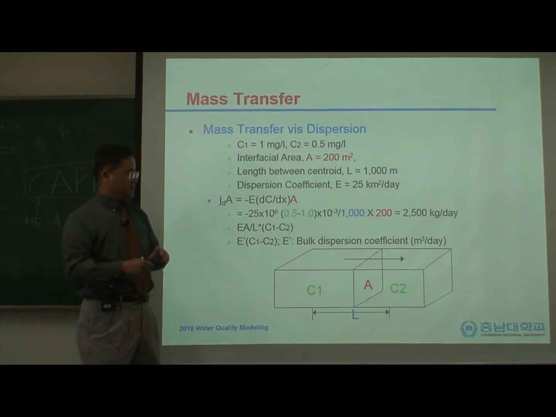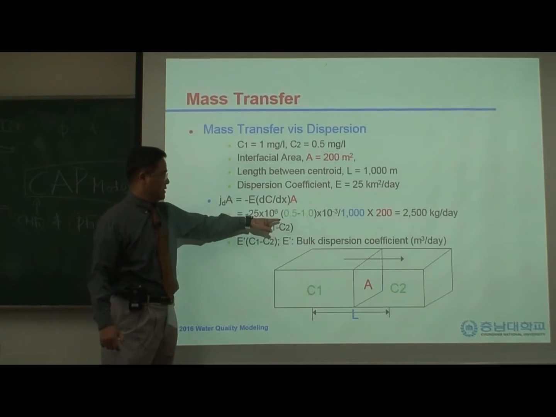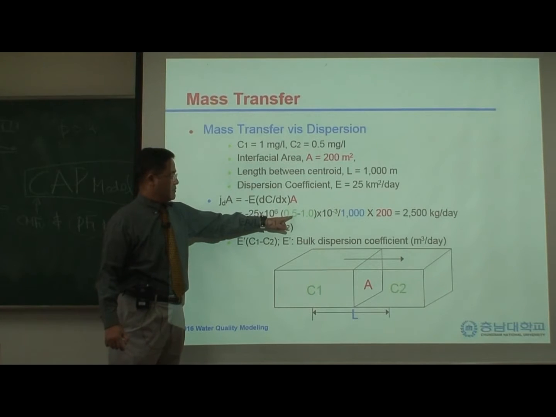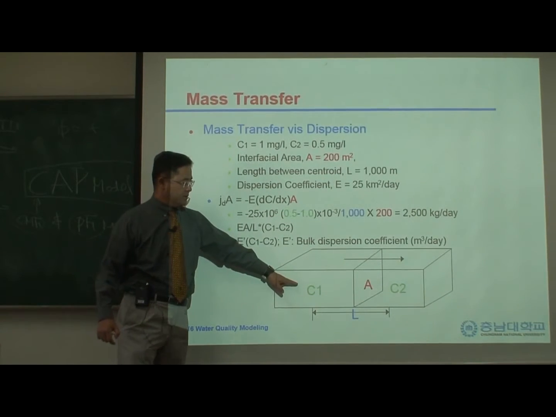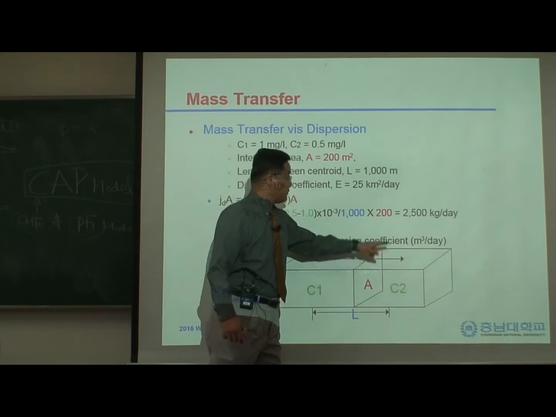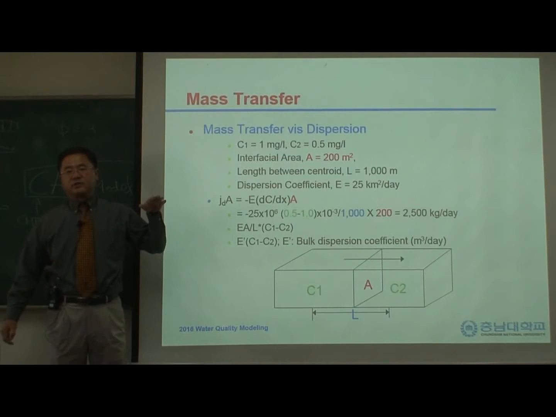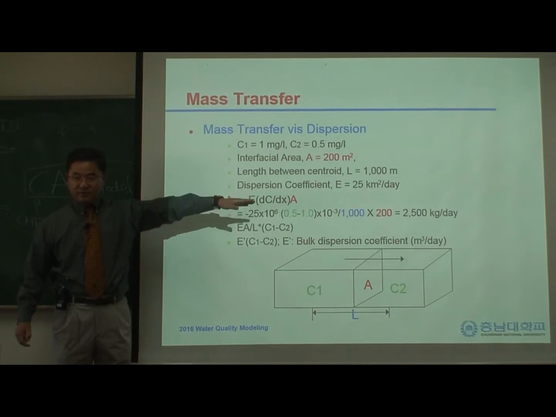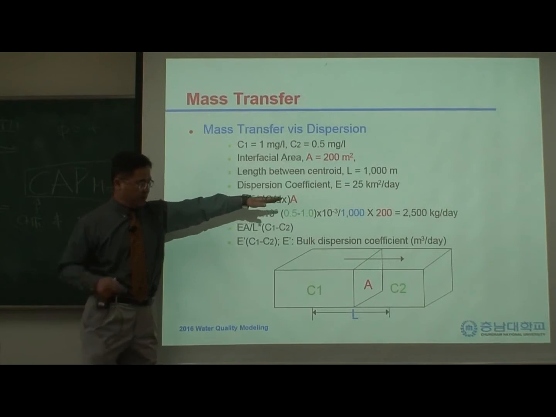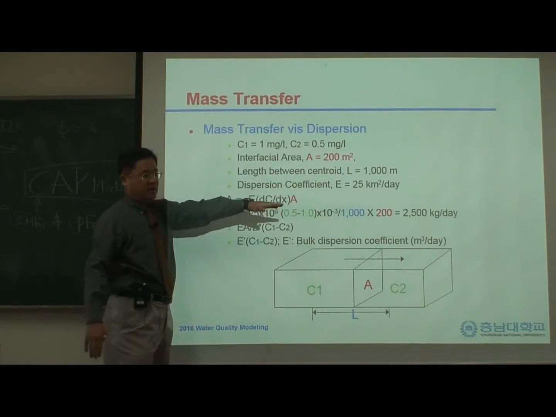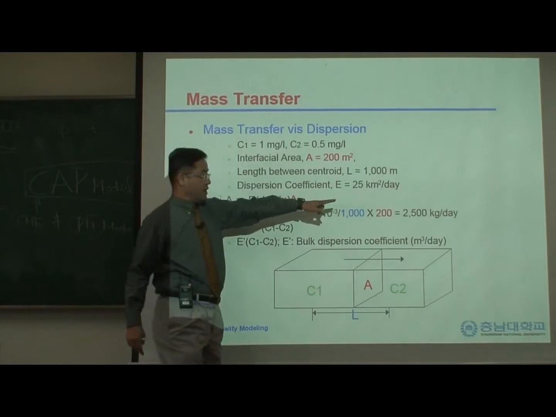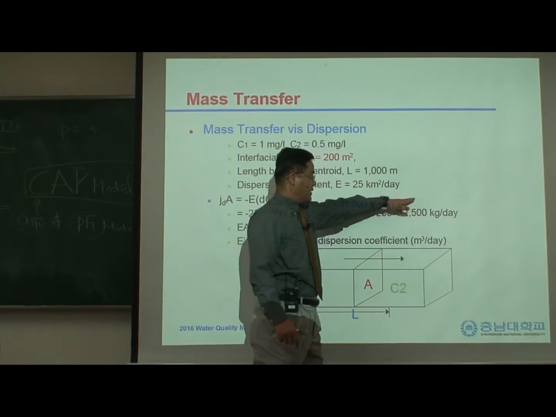Now my question is, this one is 1.0, this is 0.5, just like here. What is the direction of movement from C1 to C2? If we define this as the plus direction, the mass per time must be plus.